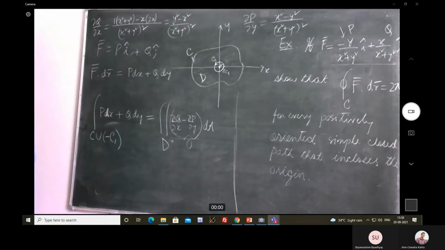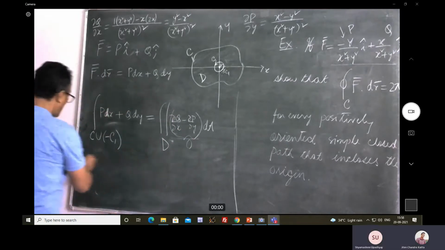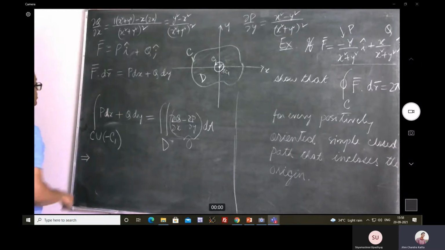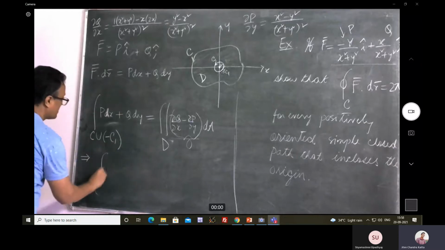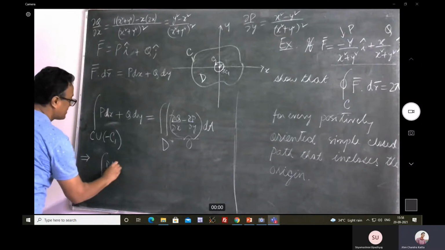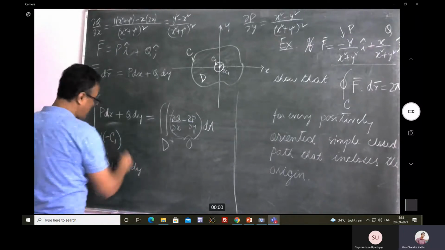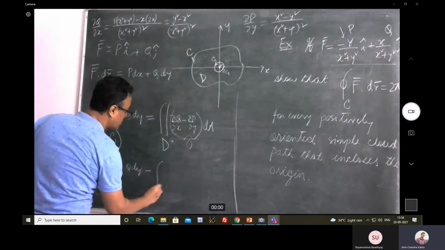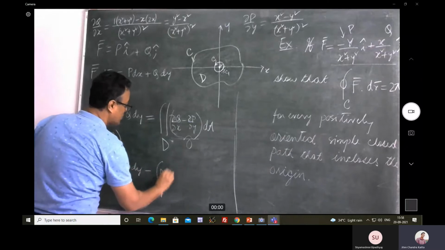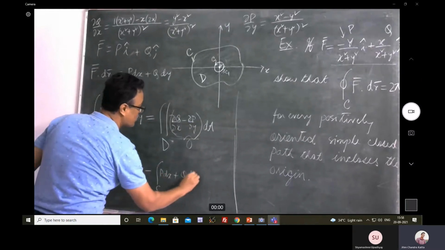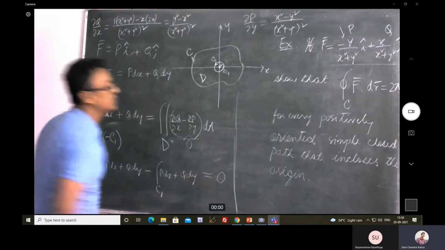Fine. So from here, the integral of P dx plus Q dy over C, plus the integral over minus C1, is equal to 0.